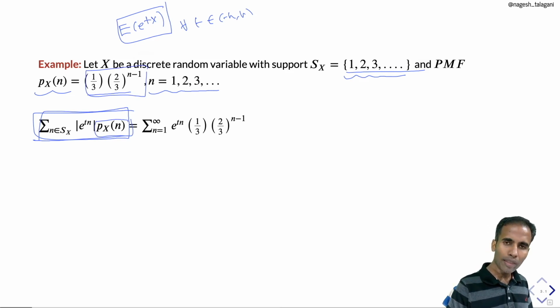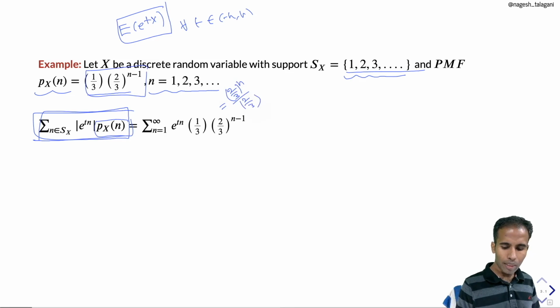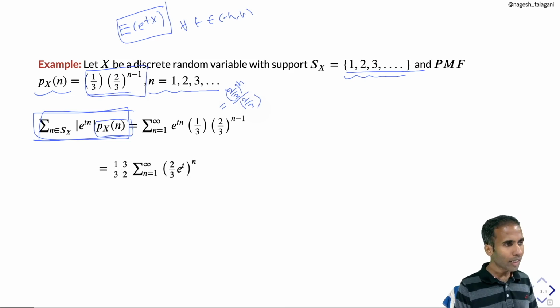Here this (2/3)^(n-1), let me realize as (2/3)^n divided by 2/3. Now if I take this 1/3 and the 2/3 in the denominator out, it becomes 3/2. So the 3 cancels, and the remaining e^(tn) and (2/3)^n you can group like this: ((2/3)e^t)^n.